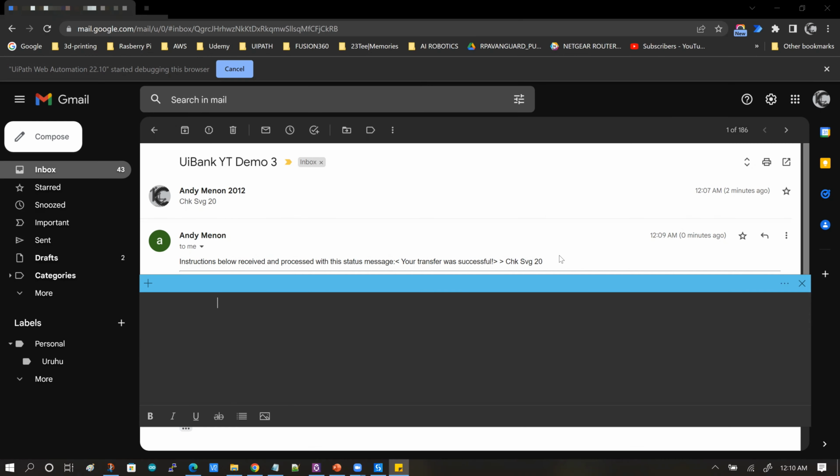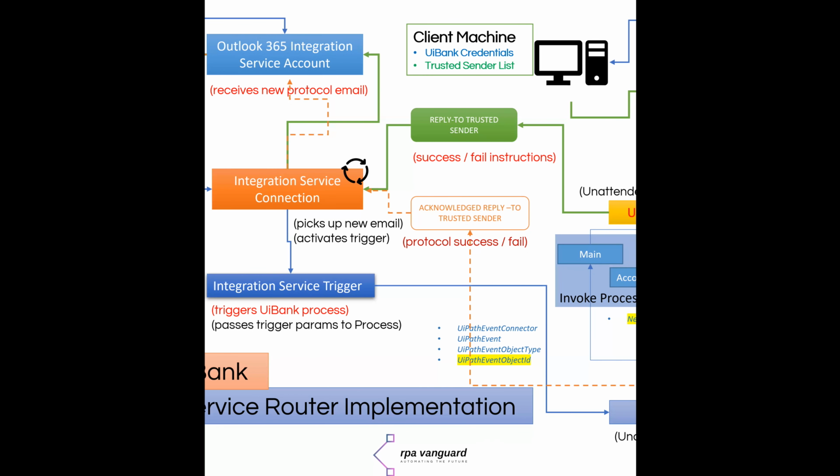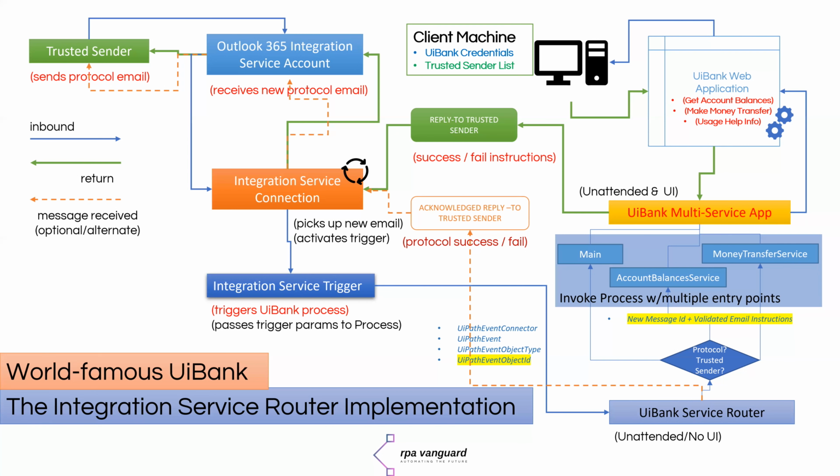So the series of these three tests that we saw here proves that our loosely coupled banking application built with the UiPath Integration Service for Microsoft Outlook 365 works effectively. And please do download and try the code that I am going to share with you as part of this video.